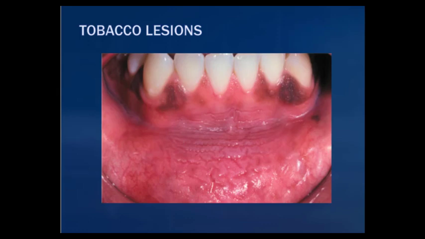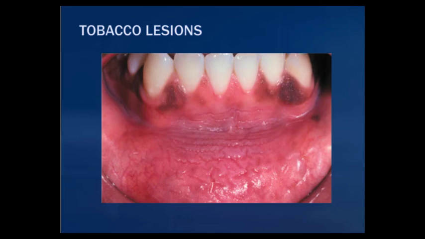Tobacco lesions. So we've talked about tobacco lesions already with leukoplakia and erythroplakia, but in addition to the color descriptors, what is really going on here? So again, the body is trying to protect itself by building extra keratin in that area. So microscopically, we would see epithelial hyperplasia, and that results in a wrinkled appearance of those tissues.